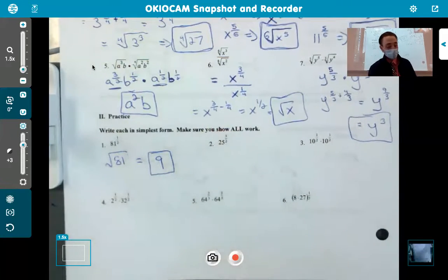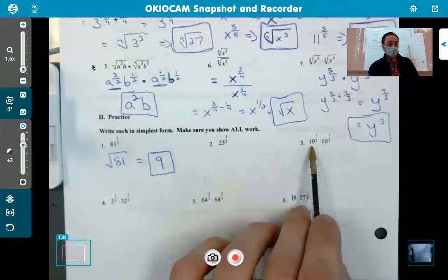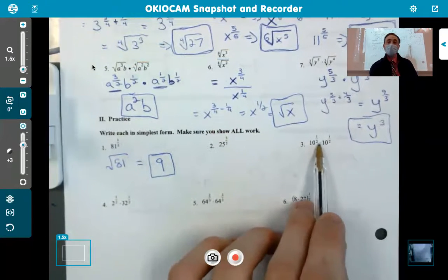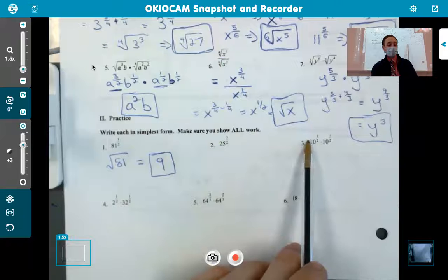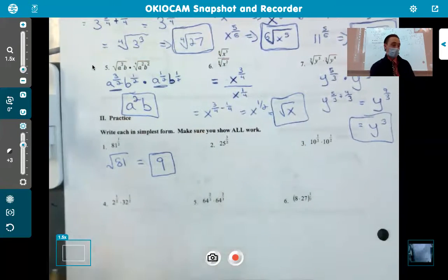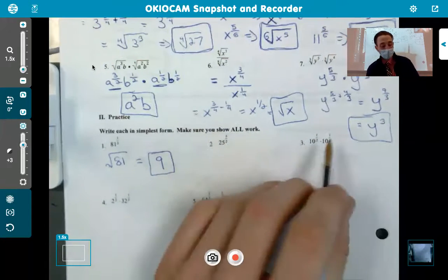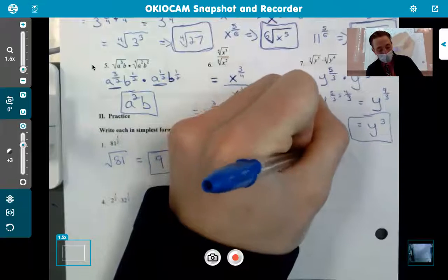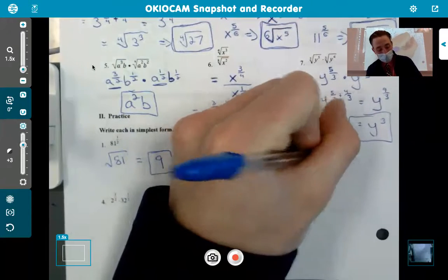We'll jump over to example 3. Like I said, we're going to go through the odds. I have the same base and I'm multiplying them together, right? So I have some base raised to an exponent, multiplied by the same base raised to actually the same exponent here. What am I doing with my exponents if I'm multiplying? You add them. So this is really 10 to the 1/2 plus 1/2.